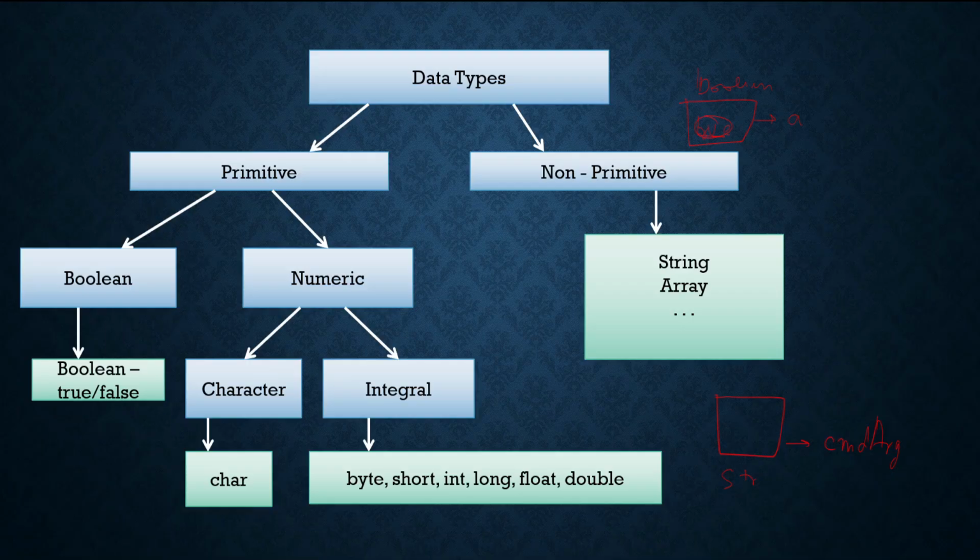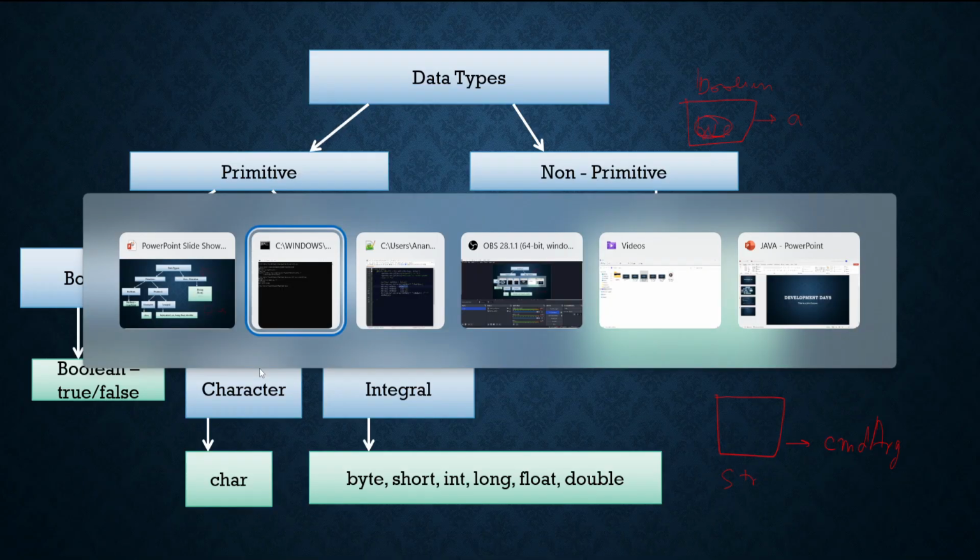Boolean can store the value of true and false only. If you want to store a character, like an alphabet, it will be stored in the char data type. If you want to store byte, short, int, long, float, double, it will be stored like that only. This is all we have understood till today.